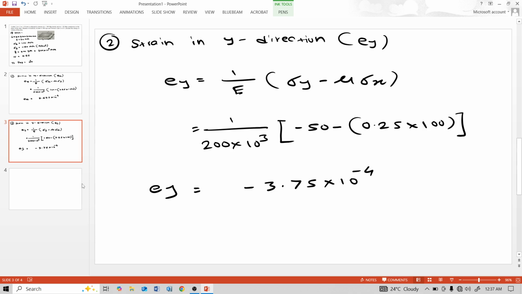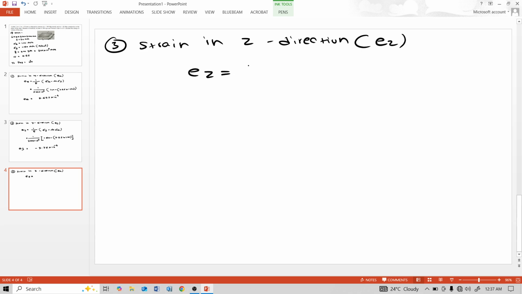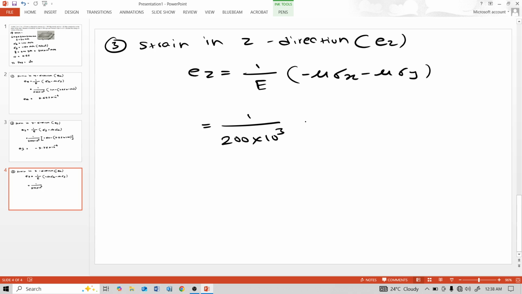Next, calculate strain in z direction. Formula for strain in z direction is 1 upon Young's modulus multiplied by minus mu into sigma x minus mu into sigma y. 1 upon 200 into 10 raised to 3 is Young's modulus, take common this mu, minus sigma x minus sigma y.